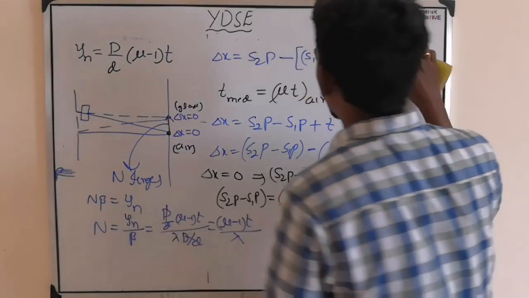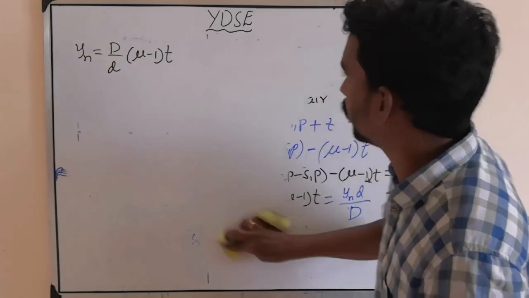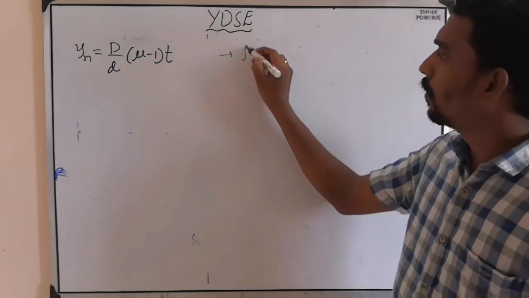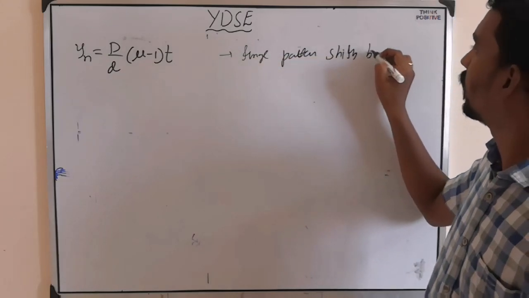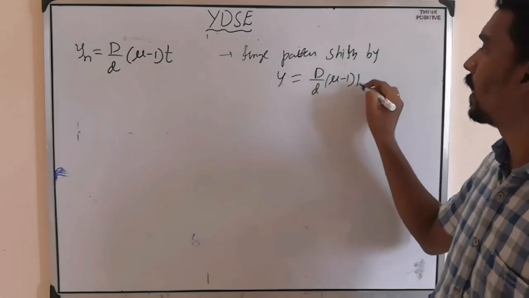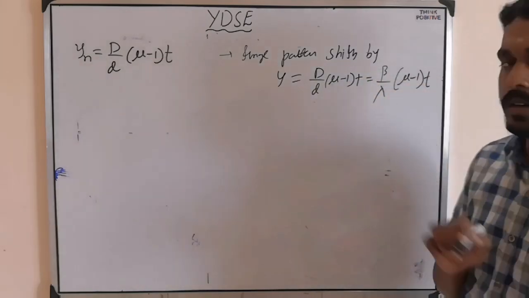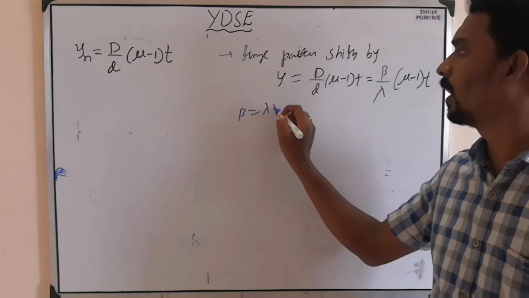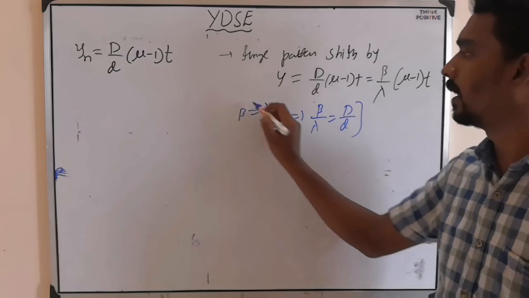So the final conclusion is, the fringe pattern shifts by D by d into (mu minus 1) into t, or else this is also equal to beta by lambda into (mu minus 1) into t, because beta equals lambda D by d, which implies beta by lambda equals D by d.